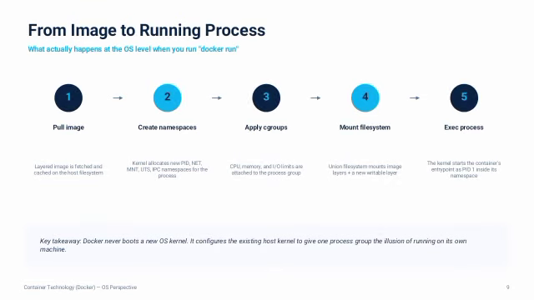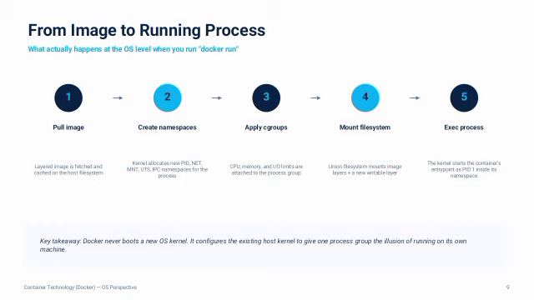From image to running process. So let's tie it all together and walk through exactly what happens when you type docker run. Step 1. Docker pulls the image, which is fetched and cached on the host file system as layers. Step 2. The kernel creates a new set of namespaces, PID, network, mount, UTS, and IPC, specific to the new process. Step 3.